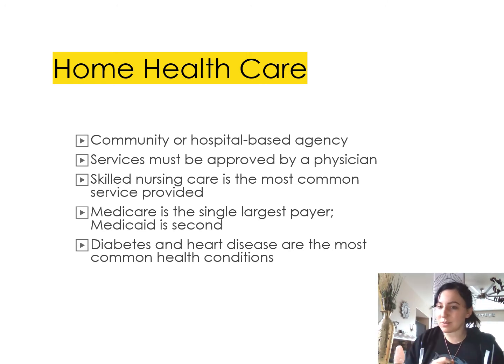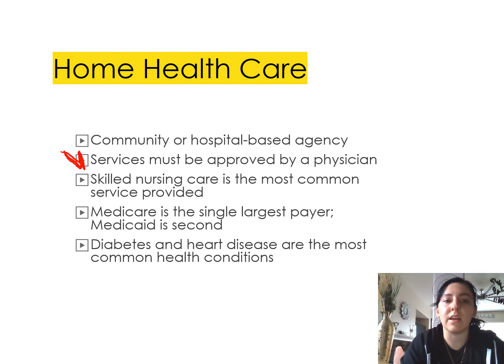And what they're going to do is send you your nurse or a CNA or caregiver to provide you with whatever medical services or long-term care services you require. Okay, most of these services definitely have to be approved by a physician because these are usually going to be medically related services.